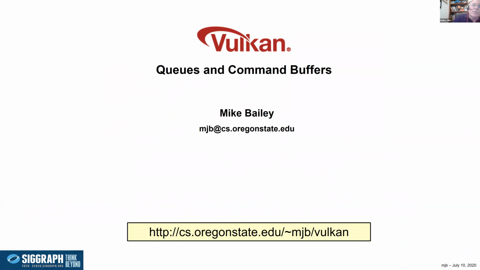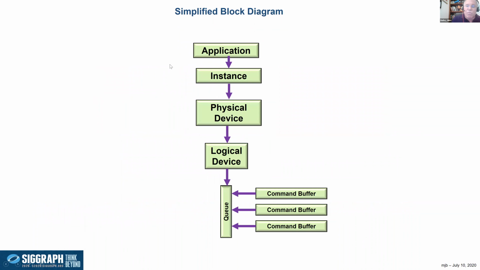All right, but as long as we're talking about commands, let's go to the command buffers, because that happens here. We have seen this just a moment ago. There was something called a command queue, and into that went the command buffer.